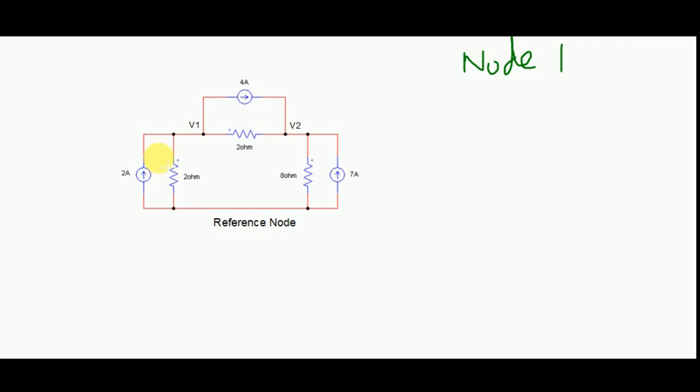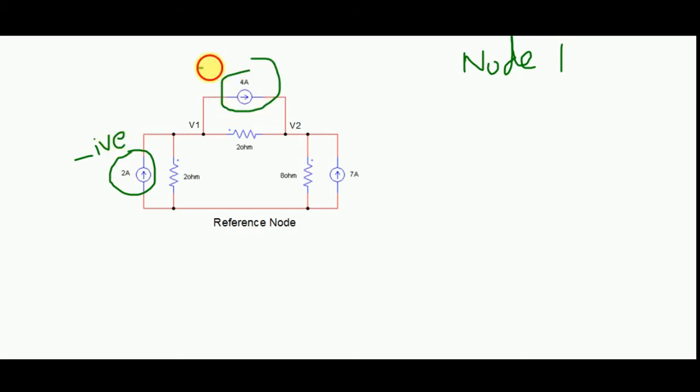The current leaving that node is taken as positive, and the current entering that node as negative. Here we have a 2 ampere current entering node 1. This will be taken as negative, and this current is leaving the node, so we take it as positive.